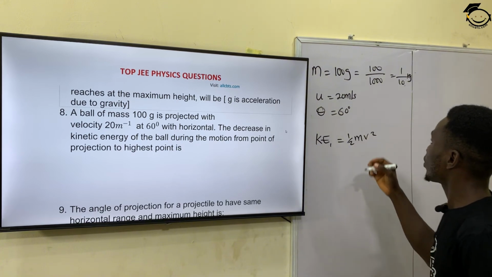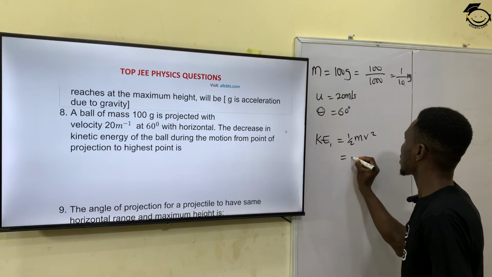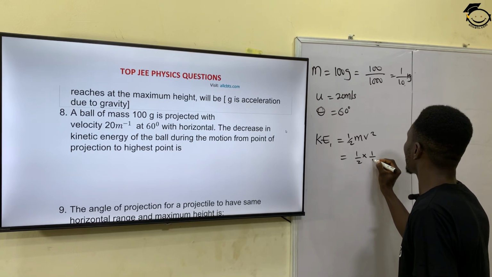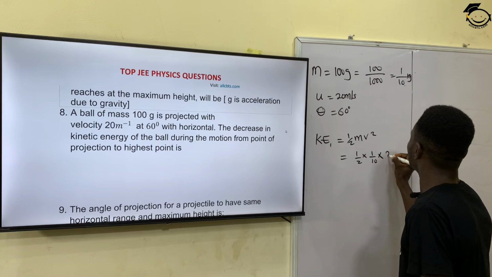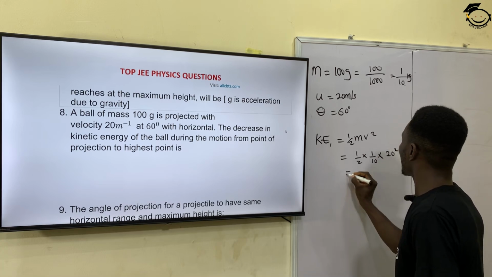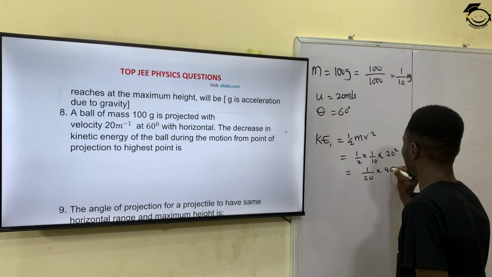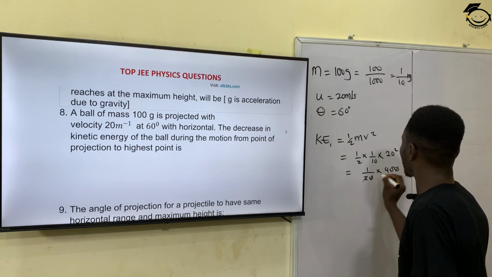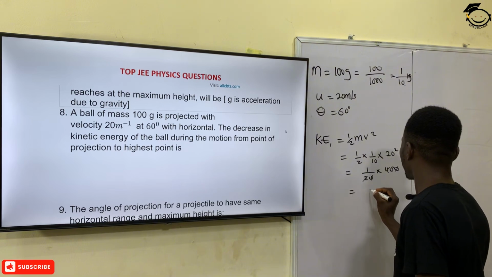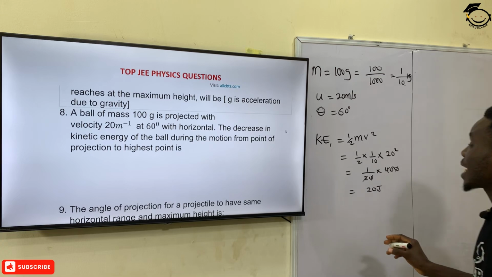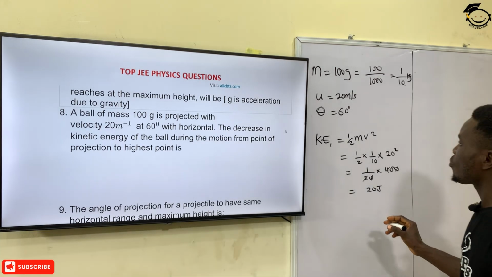So since I know that my velocity is 20, it's the same thing as saying I have what? 1 over 2 times 1 over 10 times 20 squared. And that will give me 1 over 20 times 400. This will cancel this. And then at the end of the day, I'll have 20 joules. So this is the kinetic energy from the point of projection.